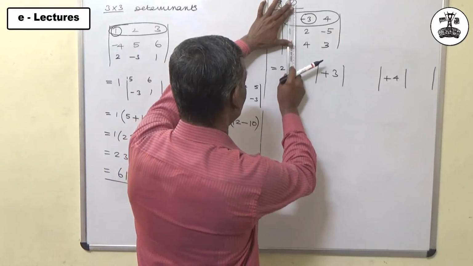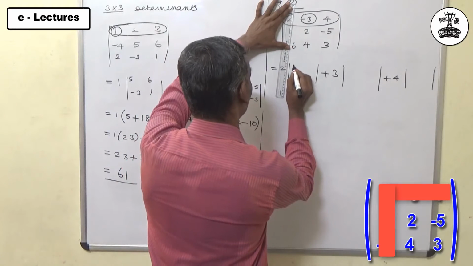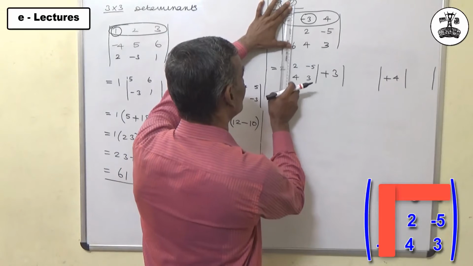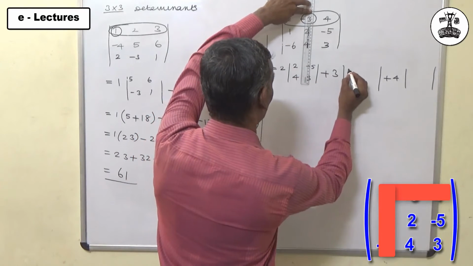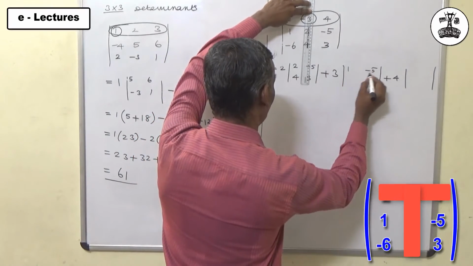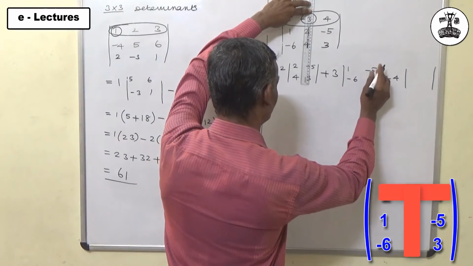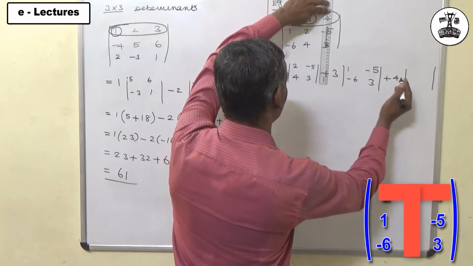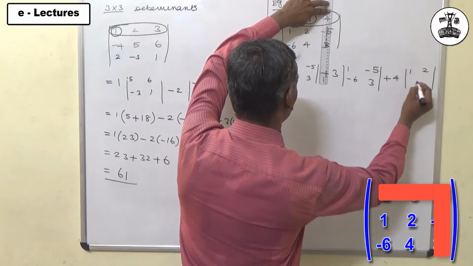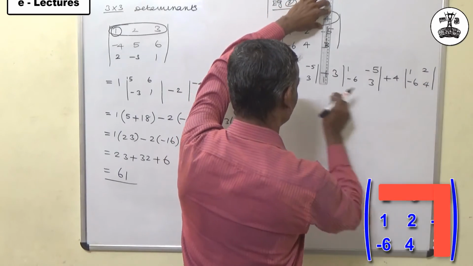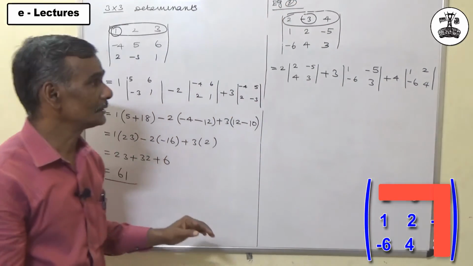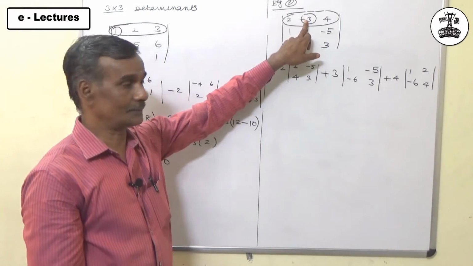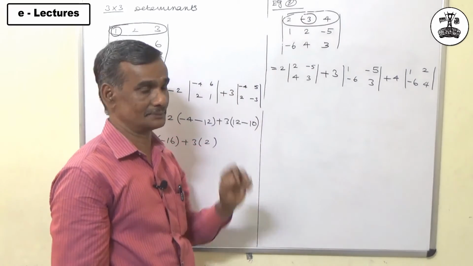So 2 into 2 minus 5, 4, 3; 1 minus 5 minus 6, 3; 1, 2 minus 6, 4. Here the number is minus 3. Therefore, minus of minus is plus 3.